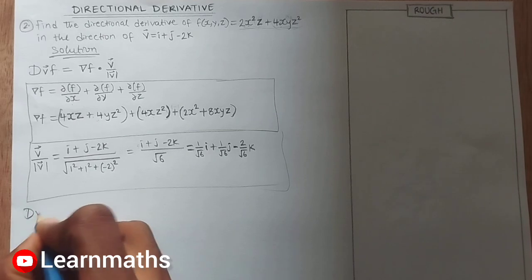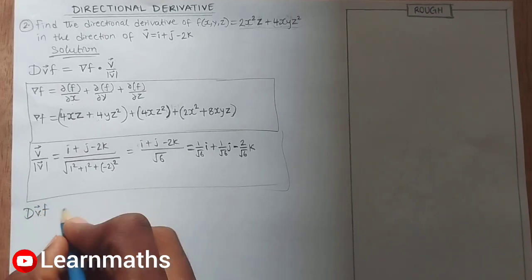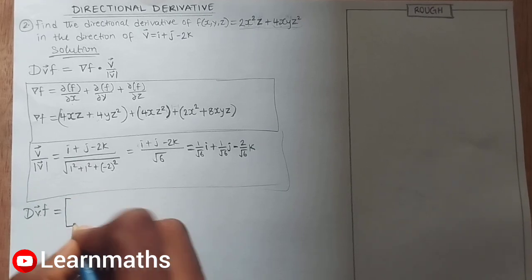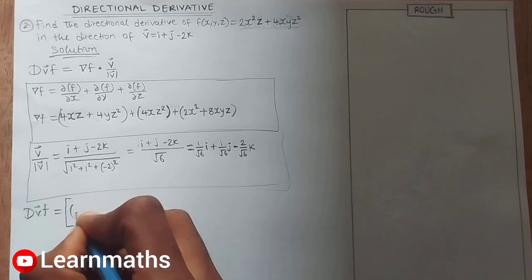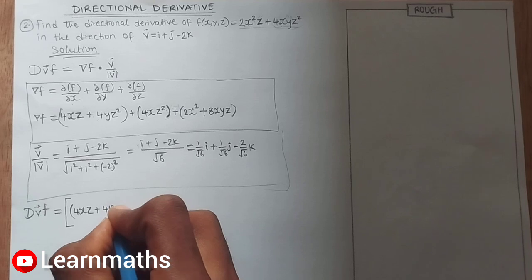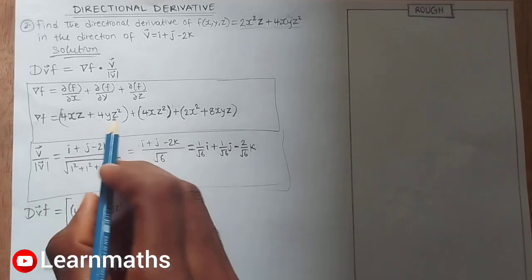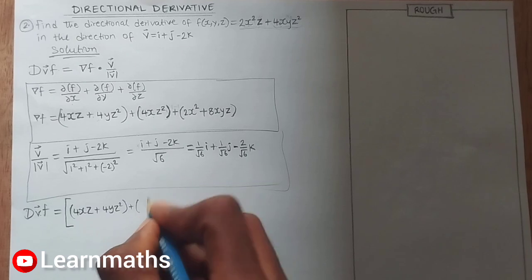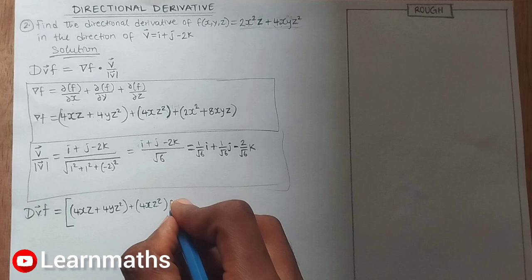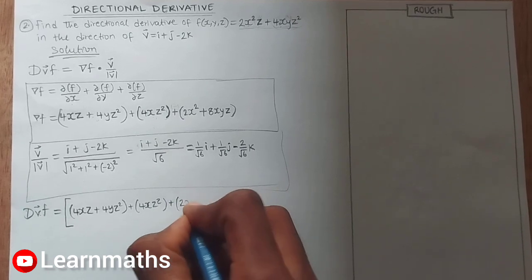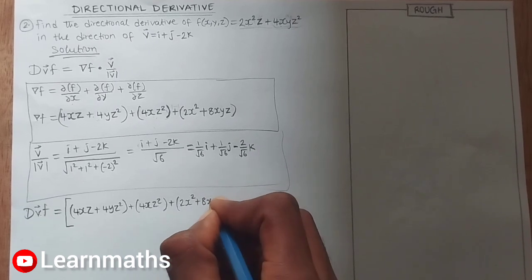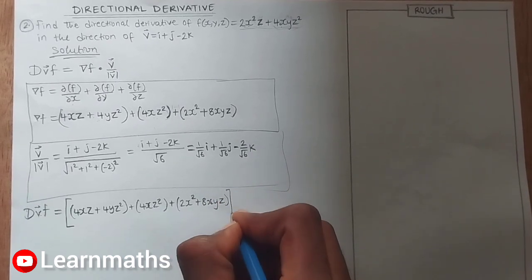The directional derivative of the function f in the direction of v is going to be, and I'm just going to write everything out so you don't get confused. This is 4xz plus 4yz squared. That's the first one. Then this is 4xz squared, the second one. And this is 2x squared plus 8xyz, the third one.